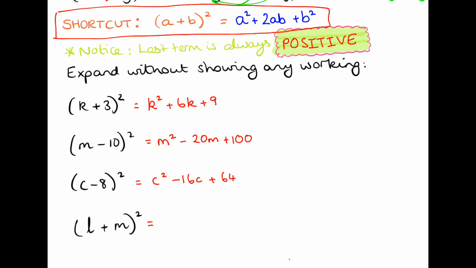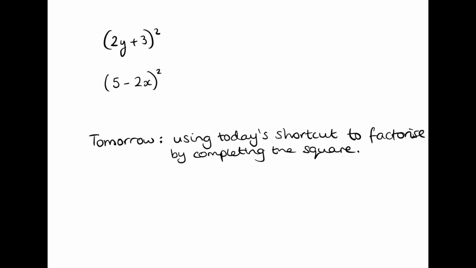Last one here. Then we've just got a couple more that are a little bit different. So first thing squared is L squared. Multiply them together, you get LM. So you need two of them. And then the third thing is the M squared. Okay. So a little bit more practice.